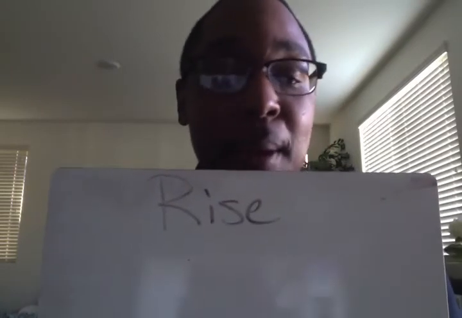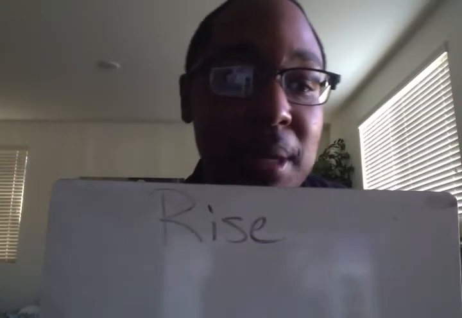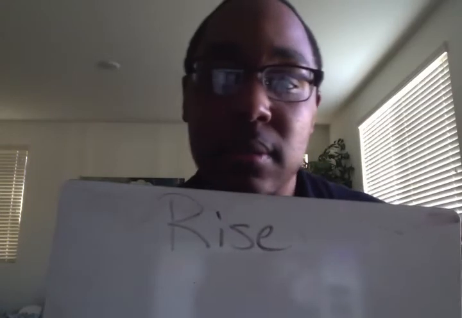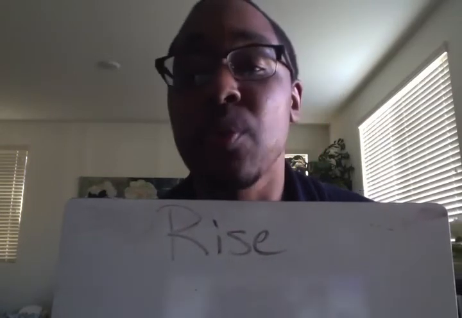All right, but like the definition says, participles can be past or present. So let me turn rise into a participle. I have to use it as an adjective, which means a noun has to come after.